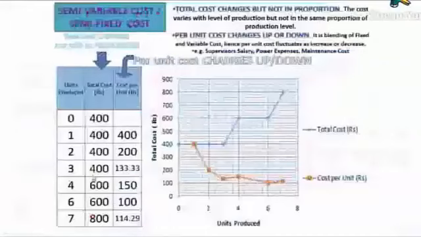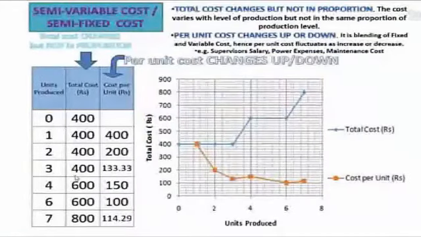Now let us understand from the table and graph. Number of units produced are given to us. It is starting with 0, 1, 2, 3, 4, 6, 7. Now these are the levels of production. When the level of production is 1 unit, our total cost is 400. So per unit cost calculated is also 400.